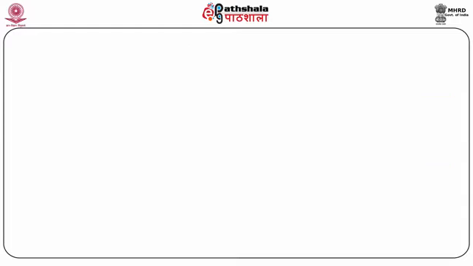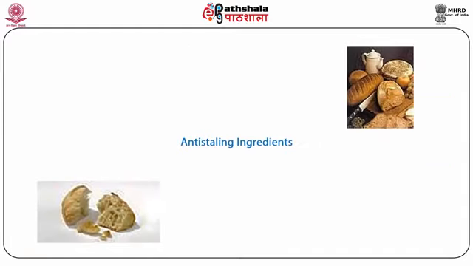Now we'll discuss anti-staling ingredients. Now what are anti-staling ingredients? It's very important, especially if you see products like bread and other bakery products. Breads usually, after a few days, tend to get hardened. Initially it is very soft, very fluffy, but with time it is getting hardened, it is getting tough, which is again not liked, and it may again break down as a brittle material.